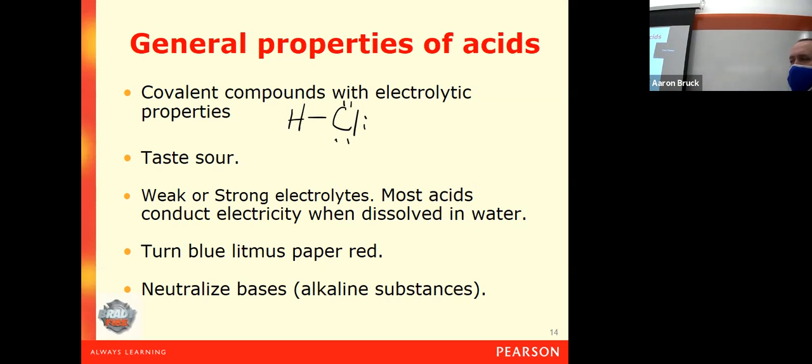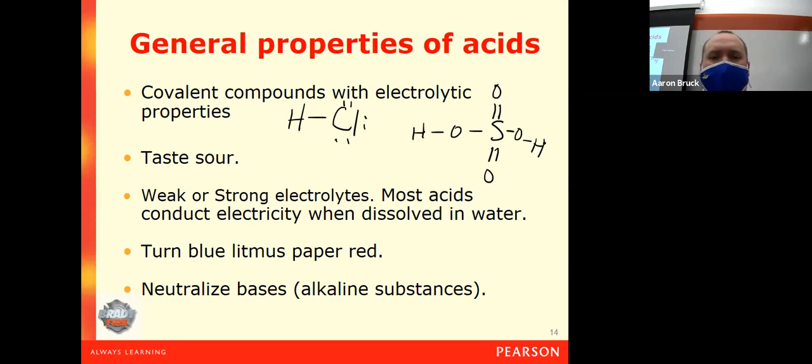Hydrochloric acid is a covalent compound. Sulfuric acid, which is a little bit more complicated, is a covalent compound as well.